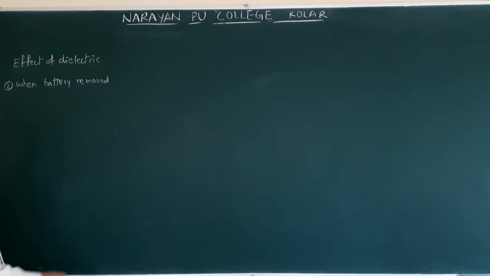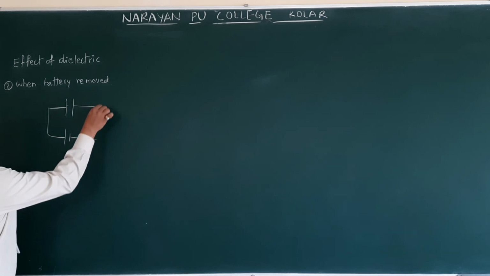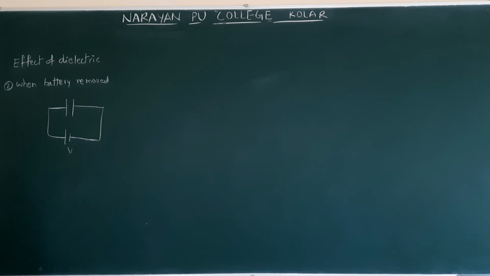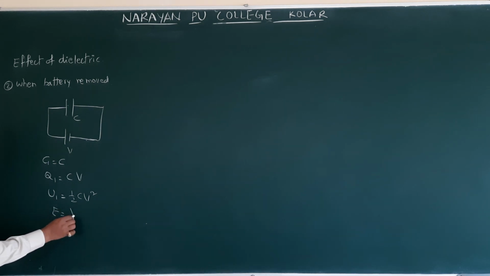Before going to this, let us recall. A capacitor of capacitance C is charged by a battery of potential V. Initially the capacitance is C, the charge is Q1 equal to CV, and the potential is V. The energy stored is U1 equal to half CV square, and the electric field is E equal to V by d.